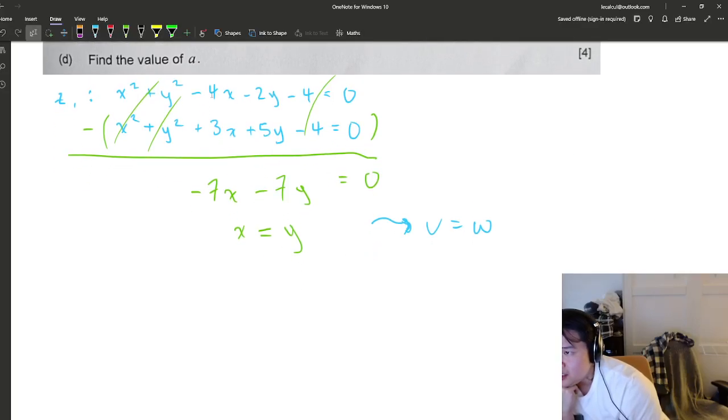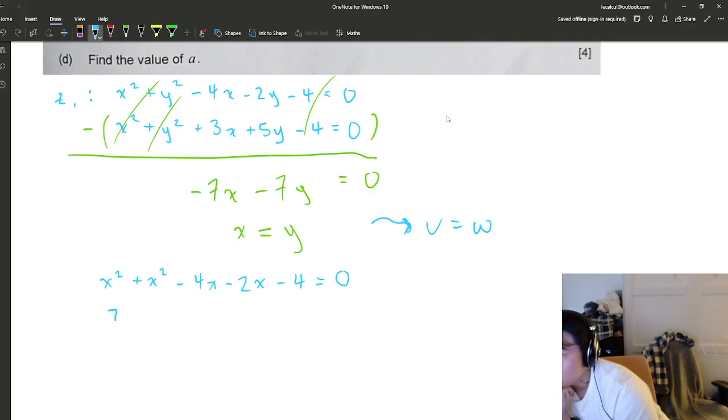I guess I can put them back in and then solve for an individual value. This seems a little circular. But let's see. If x is y, then I'm going to take equation 1 and figure out what x is.